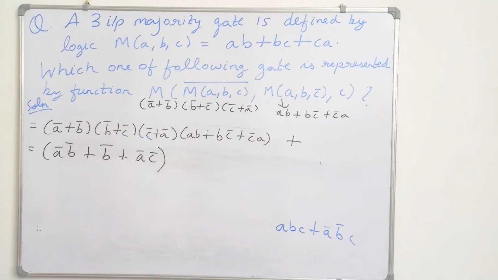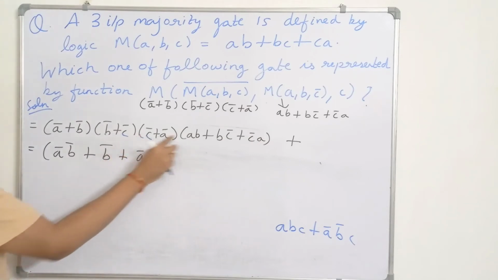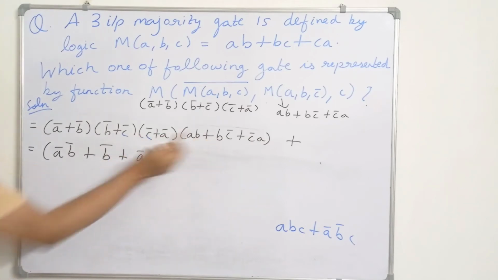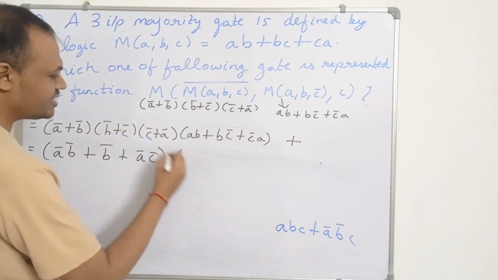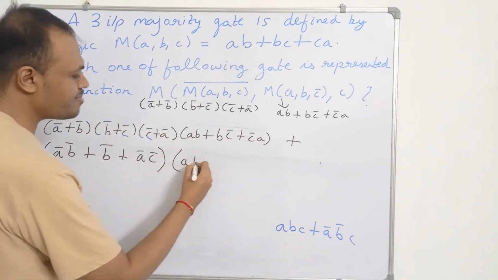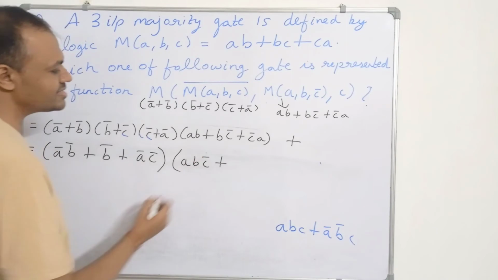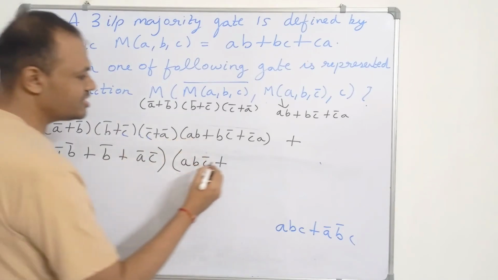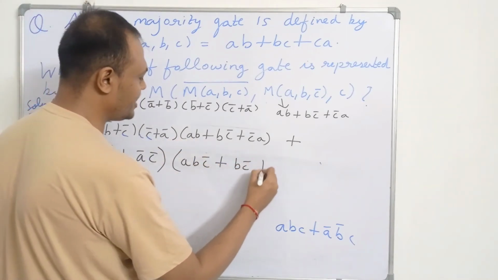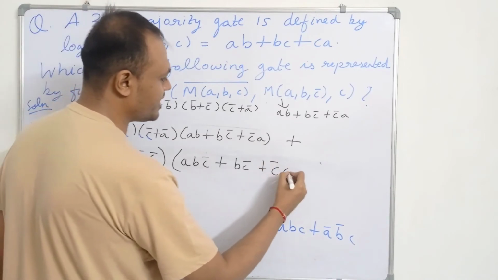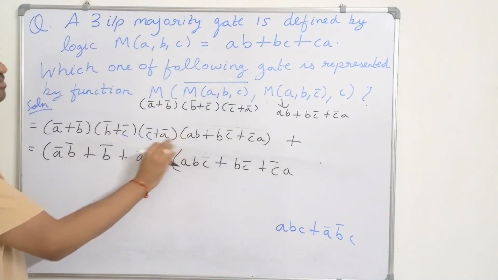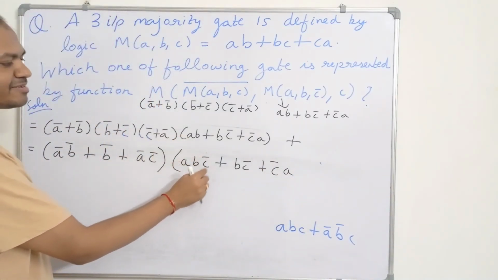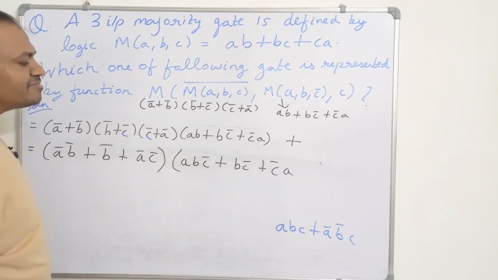So this is what we have got. Now we will multiply this term with this term. So this will give you C bar. We multiply C bar with all these terms: AB C bar plus B C bar plus C bar into A.